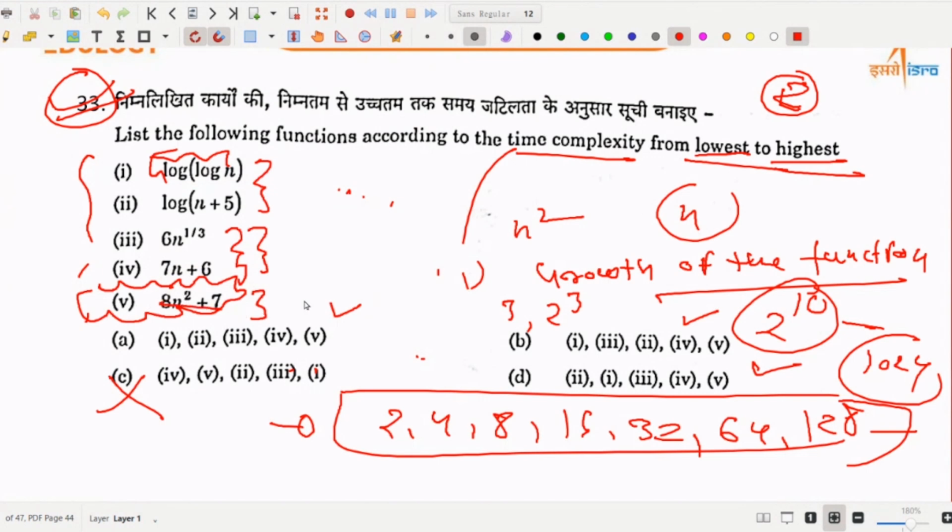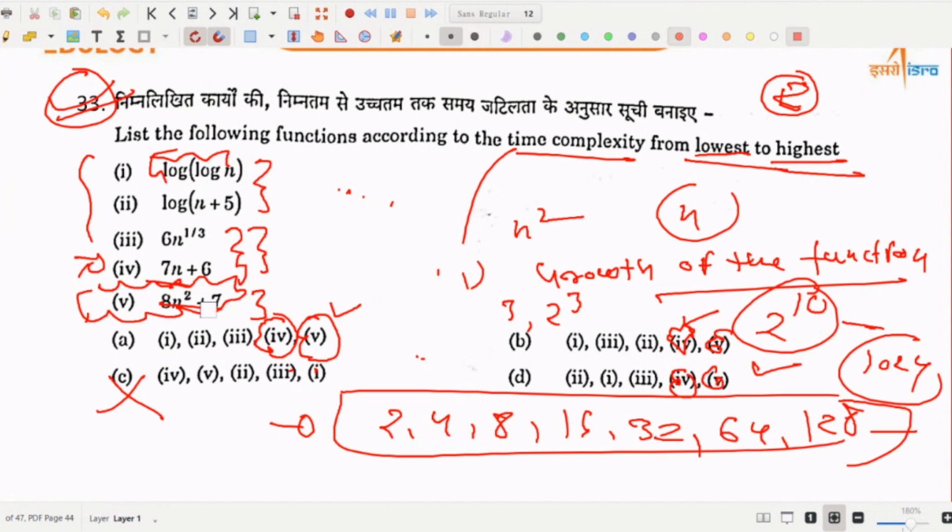So linear is greater than logarithmic. This one is set, this one is set, and in the second position 7n plus 6 will come. So this one is also correct.